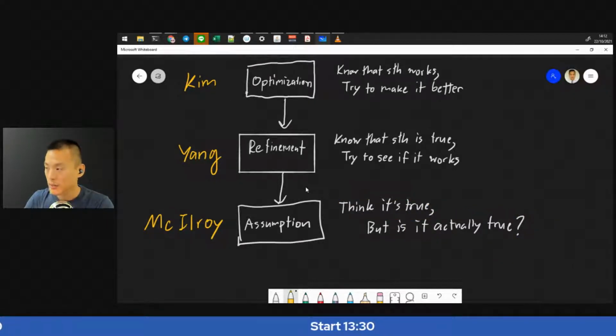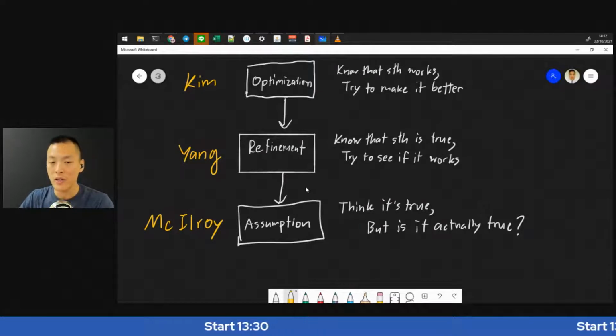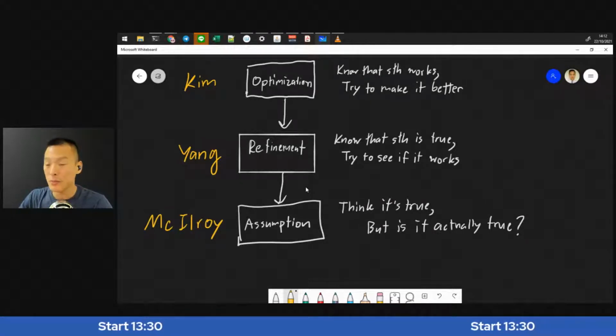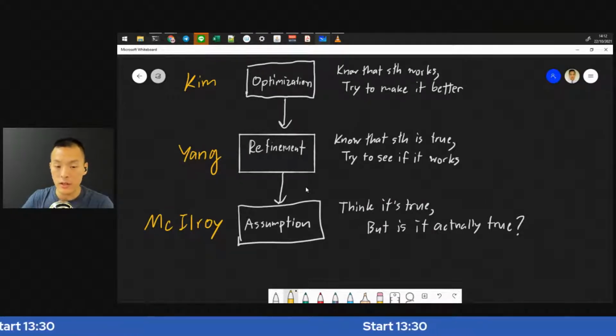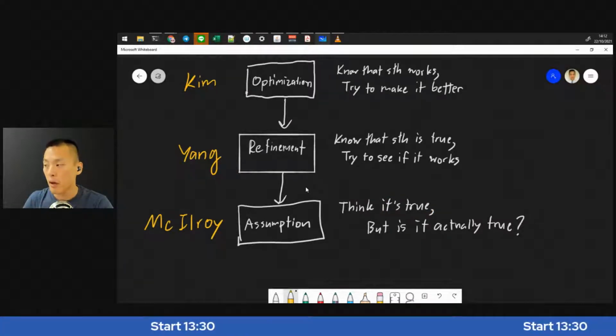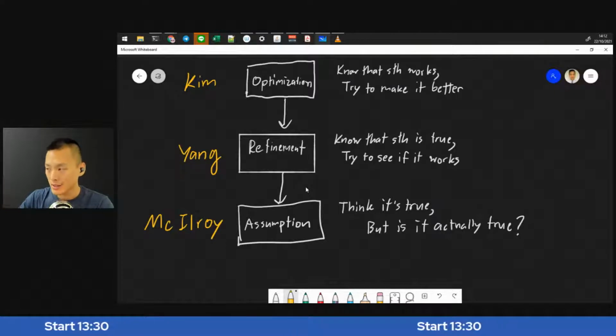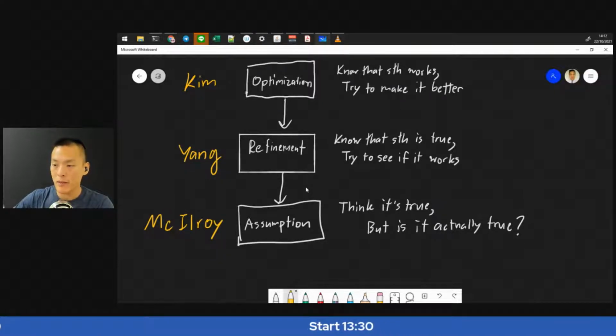So in this case, what is the one thing that we know is true, but it's probably not true? The one thing that we know is true is that discount will make your business more profitable in the long run, because that's why we give discount.